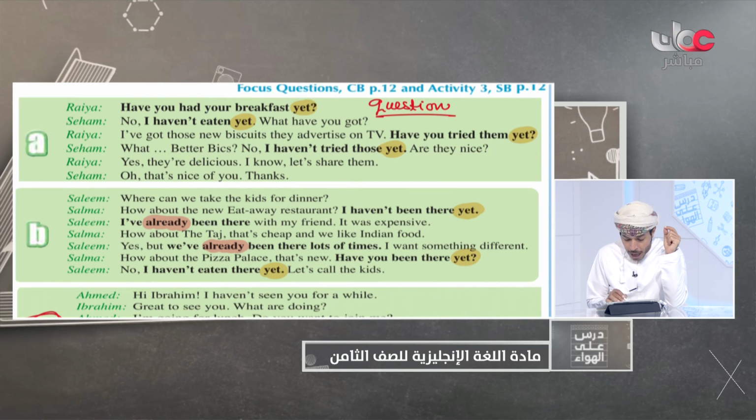Again, we have yet at the end of each sentence. So both sentences end with yet. But here we have a question mark. It means that this is a question. And also here we have a negative sentence. Haven't, have not. Good. Also here we have haven't, negative.